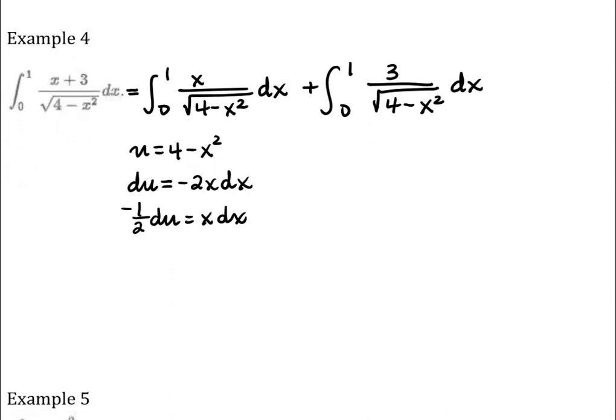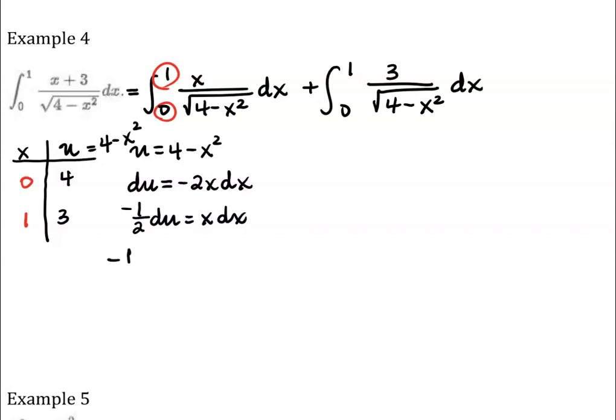I'm also going to go ahead and change limits in this one just so I don't have to worry about switching back to x. I'm going to switch limits from x to u. So we have old x limits of 0 and 1, and when I plug them into what u is, which is 4 minus x squared, I get out 4 and I get out 3. Just 4 minus 0 is 4, and 4 minus 1 is 3.